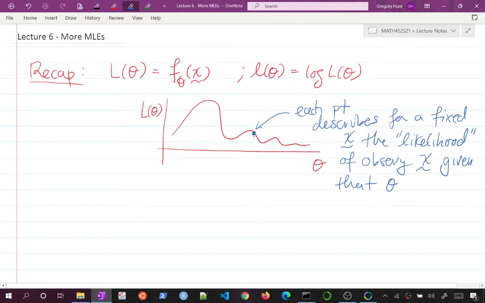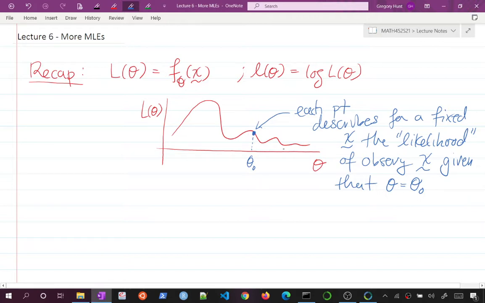So maybe this point corresponds to some value theta naught. So the point here on my red line would be the likelihood of observing the x's if my parameter theta were theta naught.